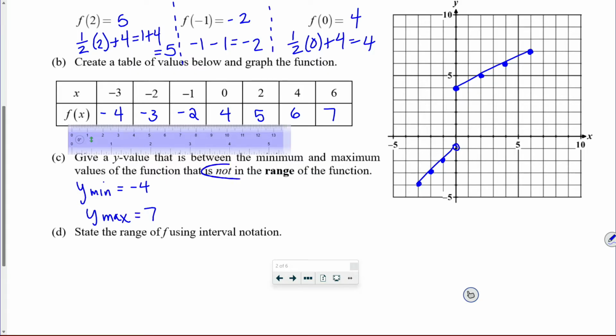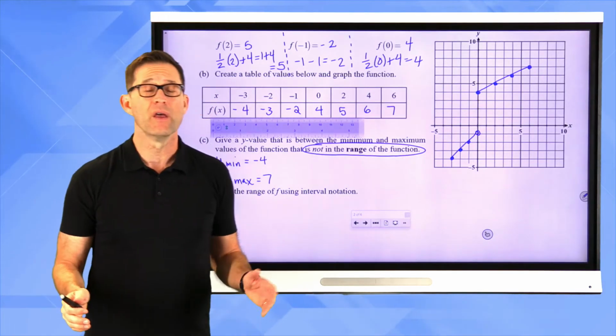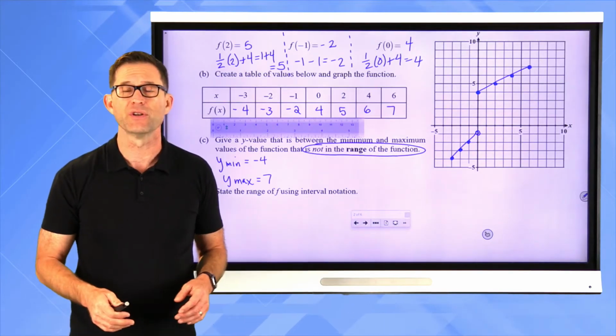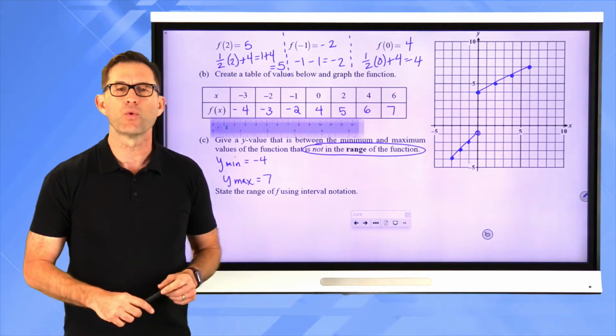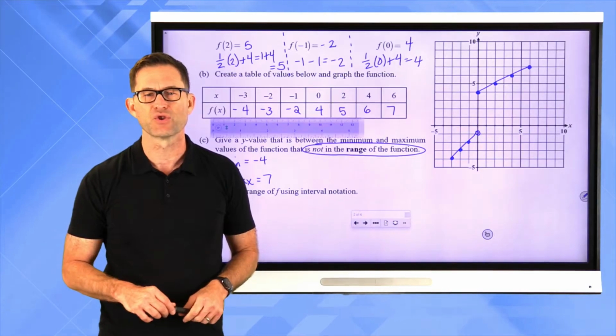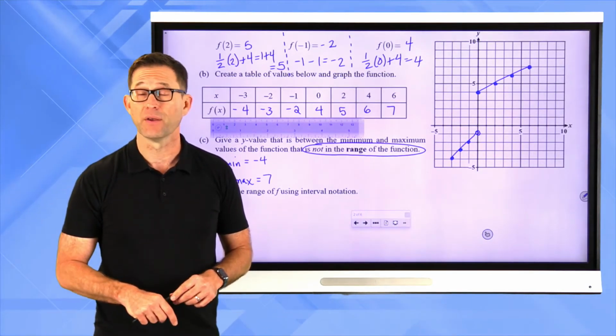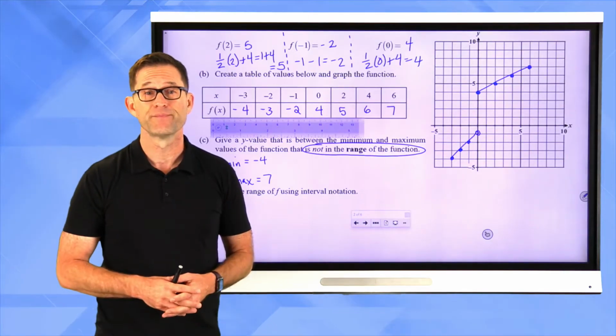But I want a y value that is between those two that's not in the range of the function. It's easy enough to say y equals -10 is not in the range of the function. But I want a y value in between these that isn't in the range. Pause the video now and see if you can come up with at least one of those values, and there are an infinite number of them.